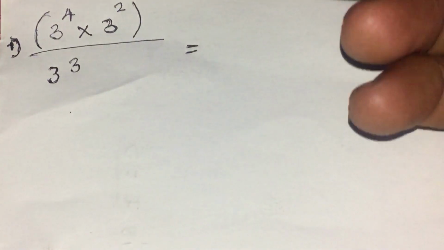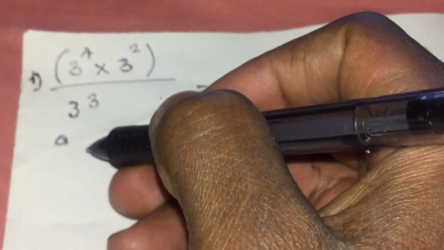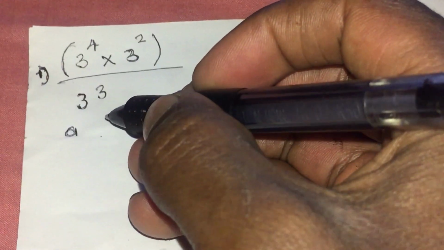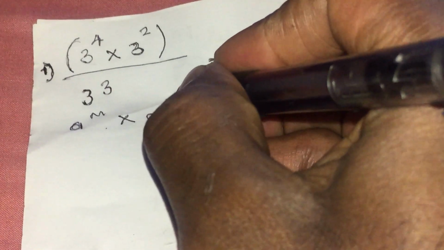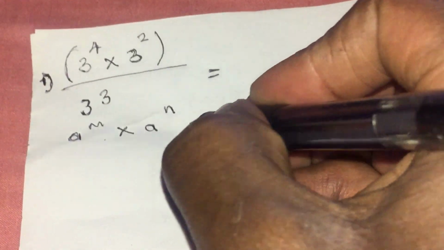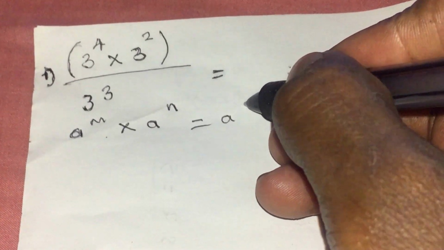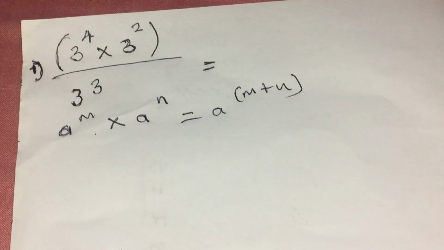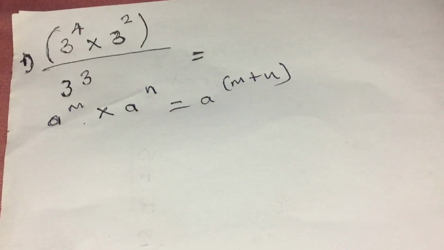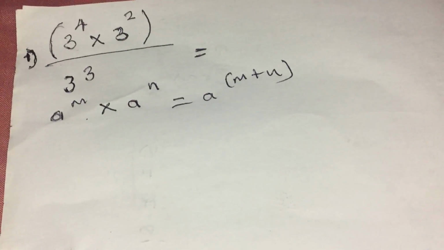That is, a power m times a power n is equal to a power (m plus n). That is our rule.